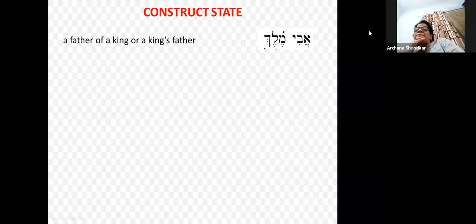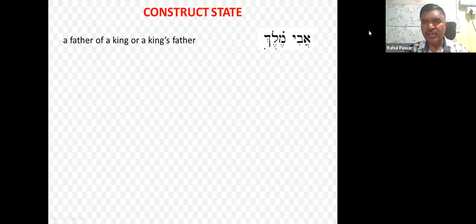So you need to remember here that in English translation, there is only one word that shows the genitive relationship between the two nouns, and that word is of. The father of a king. So in translation, in most cases, it is of. So the genitive relationship indicator is of.